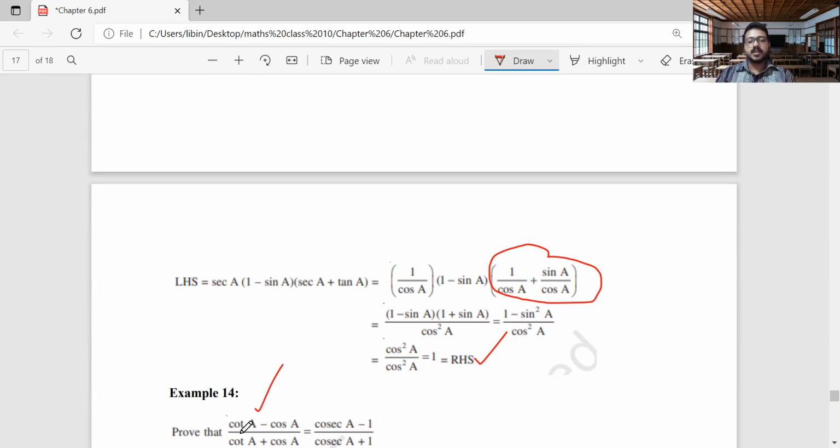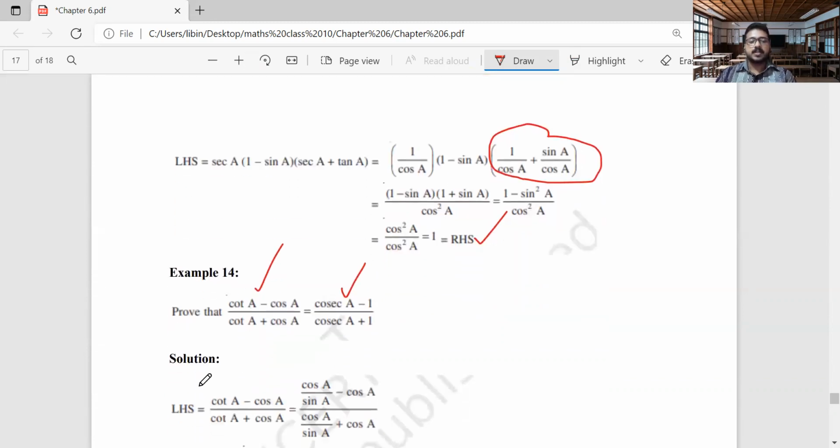You have cot, cos, and in the RHS you have cosec. As I have told you, just convert the given ratios into sine and cos. Here you can convert cot a as cos a by sin a, right? And cosec a can be written as 1 by sin a. Proceed like that. We can solve it.